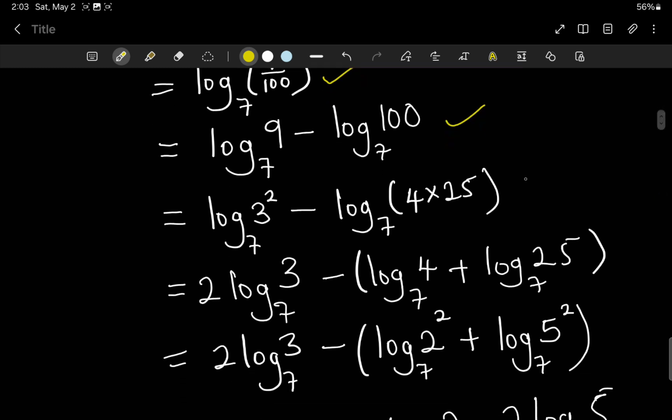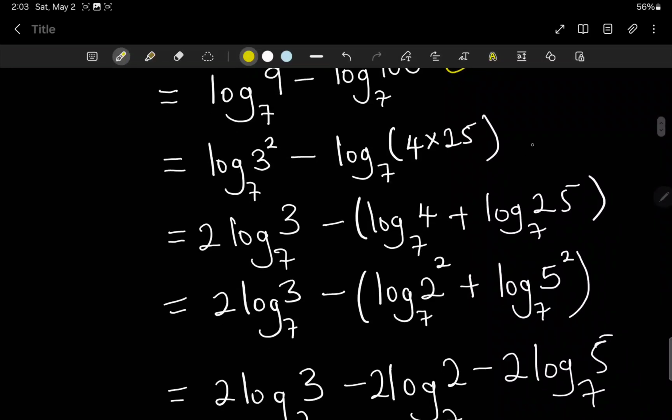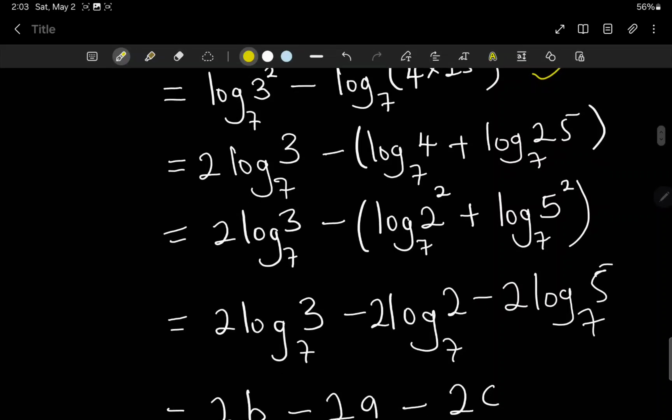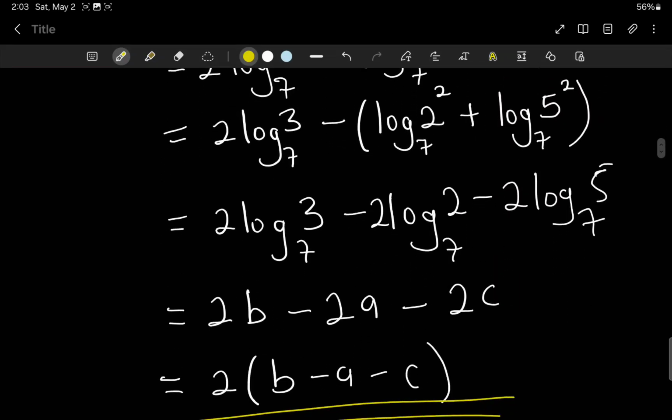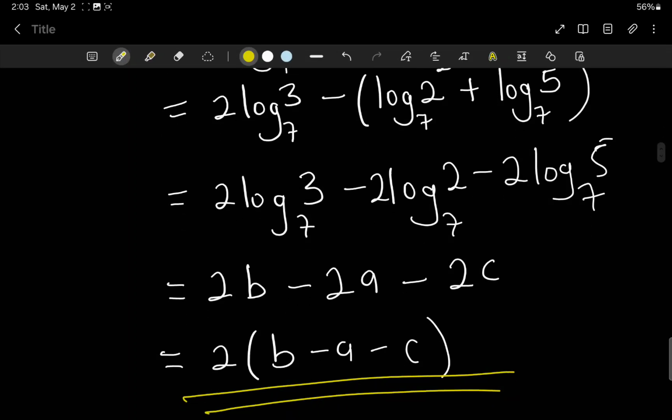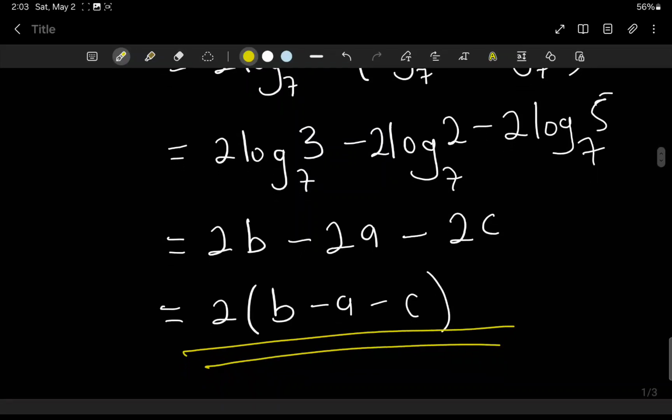Then the next step, we broke down the 100 to make it 4 times 25, and make sure that things became simple, and then after that we inserted the values, or the alphabets, that were assigned to the values. So that's how we got this answer.